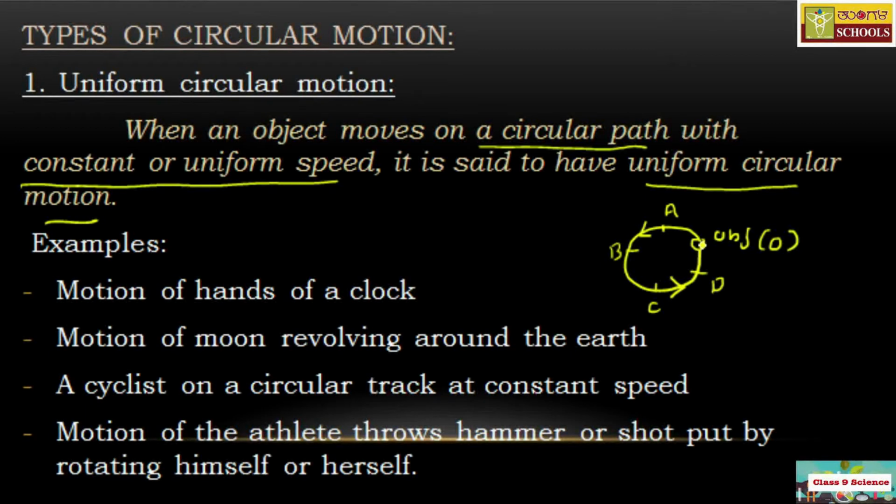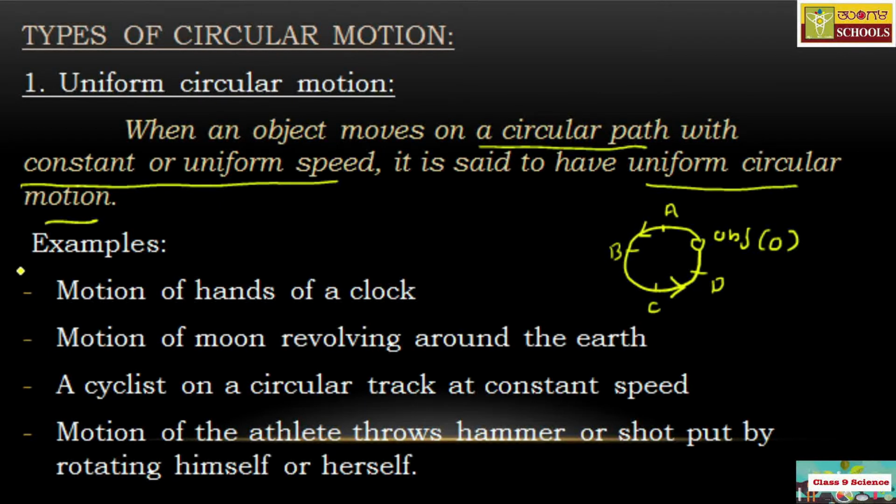If the object maintains the same speed at point A, point B, point C, point D and point O again, such uniformity or constant speed of the object is known as uniform circular motion of the object. So this is the definition of uniform circular motion. I believe you got this definition right.